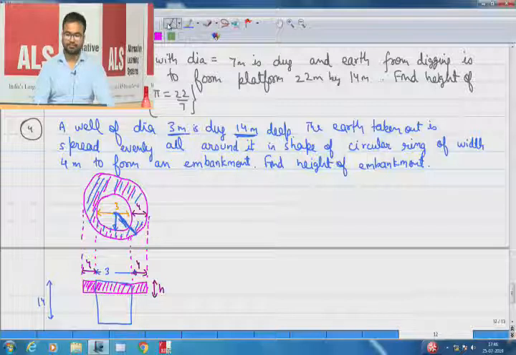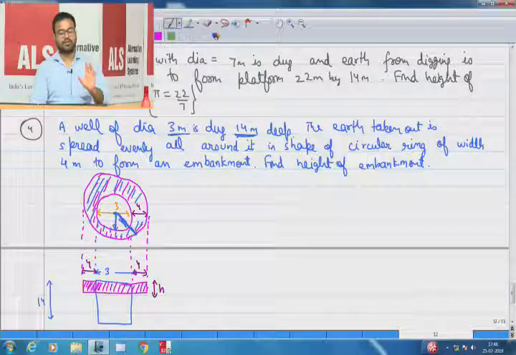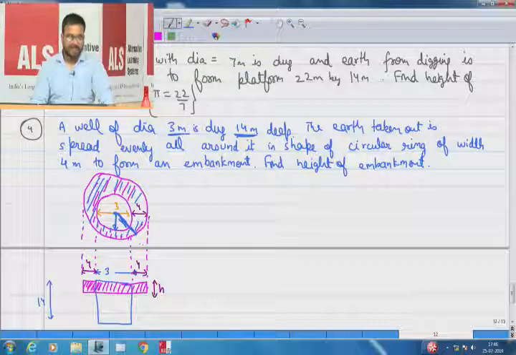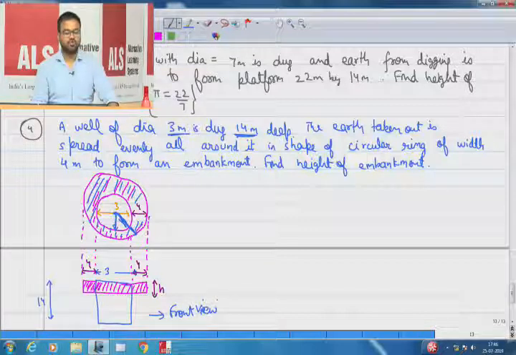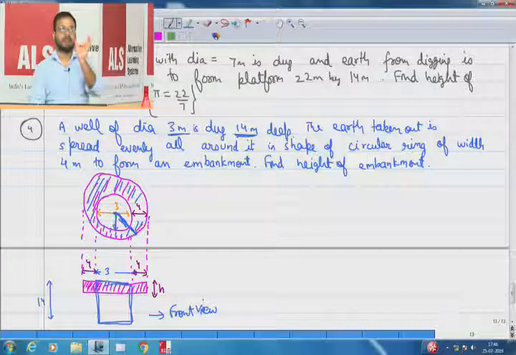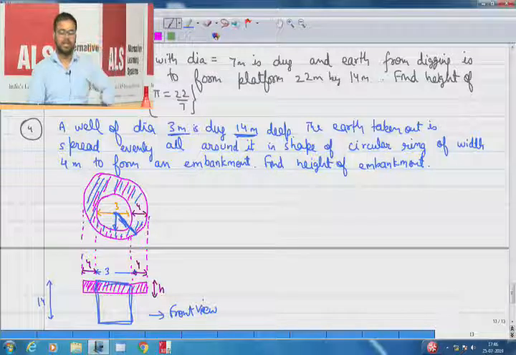So in the diagram, first of all I am explaining from the starting. In the diagram, this is the front view. You can see there is a cylinder, or not the cylinder, basically the well. The diameter of the well is 3 and the height of the well is 14.